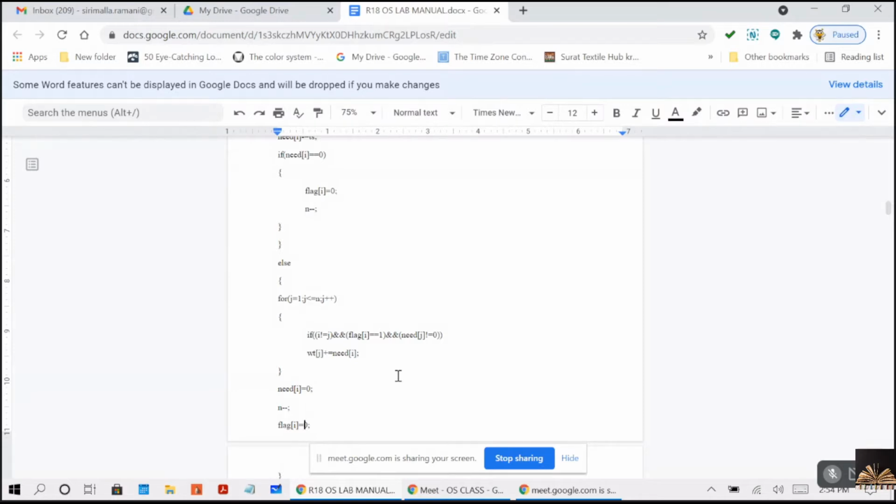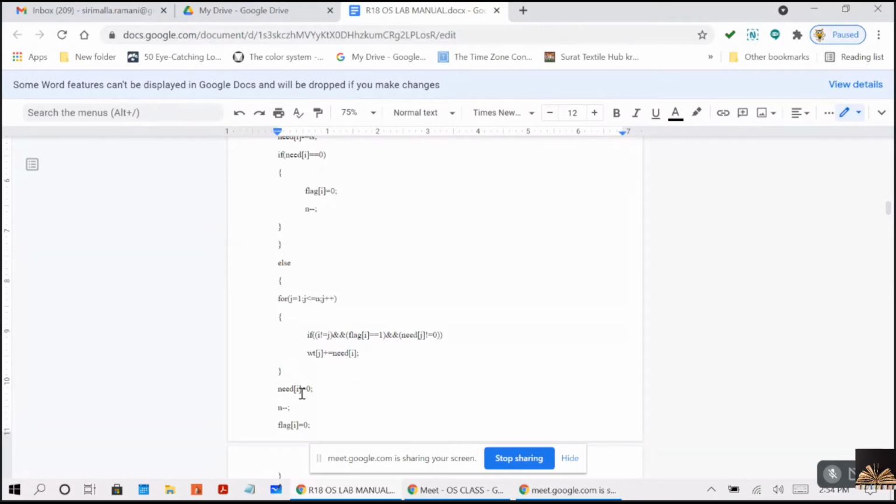Why? Because definitely the waiting time of the second job will include how much time the first job is getting executed. That much amount of time the job j has to wait, right? So that is the reason I am checking for the second job as waiting time of j is equal to waiting time of j plus need of I, right?